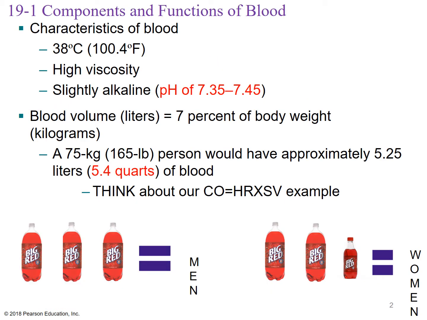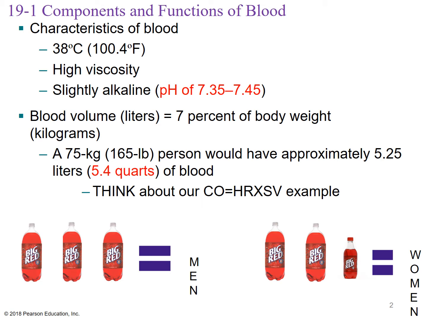Blood is normally about 38 degrees Celsius, so this is 100.4 degrees Fahrenheit. Normal body temperature is 98.6, so as you can see, blood is a little bit warmer. It is highly viscous and slightly alkaline, so please make sure that you remember and never forget that the pH of blood is between 7.35 and 7.45.